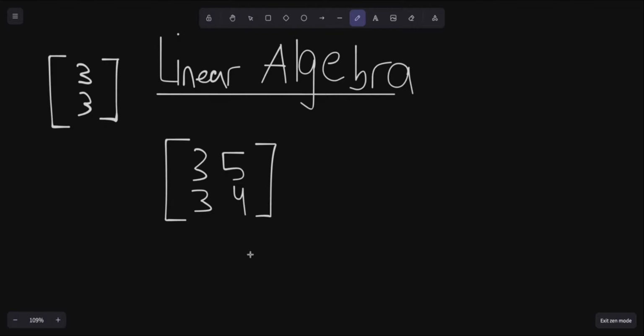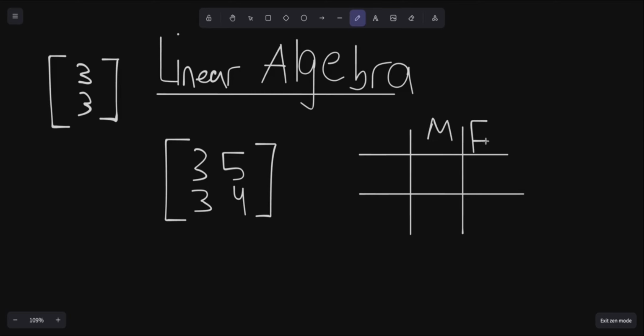Now, some people view a matrix as just something that's able to store information. For example, let's say I create a little table here. This is male, this is female, this is likes YouTube, and this is likes TikTok.